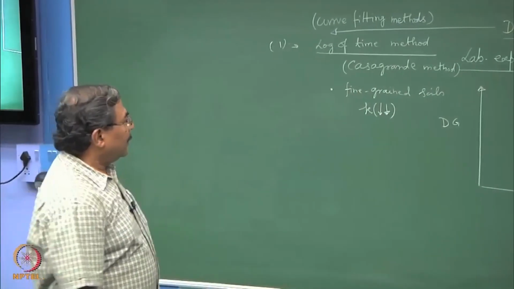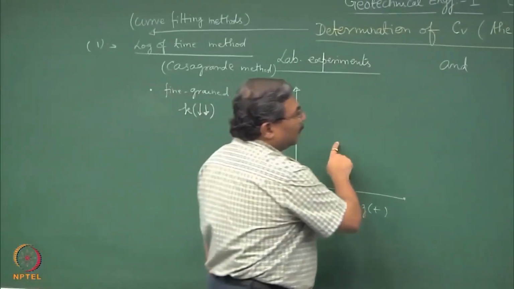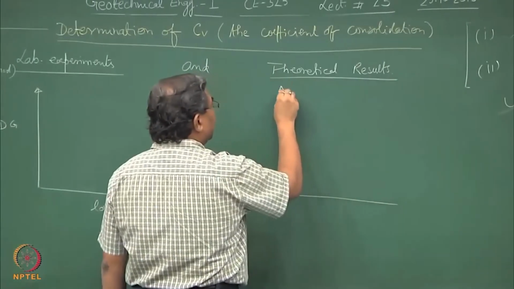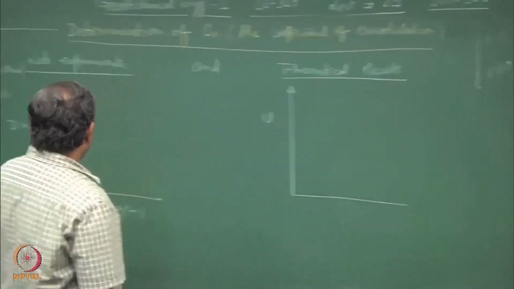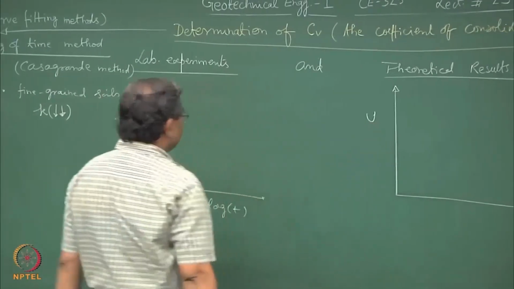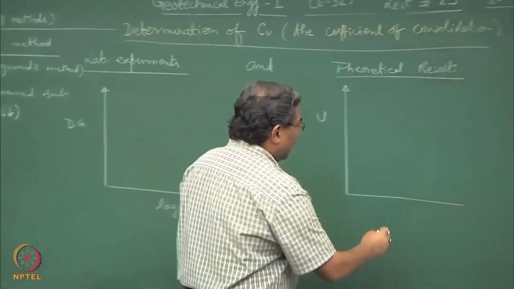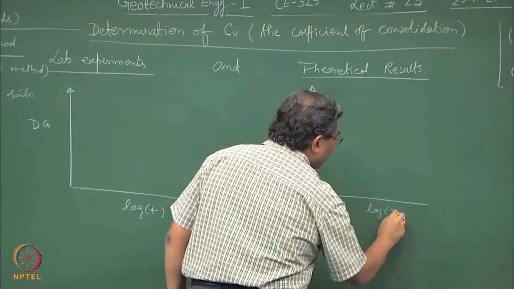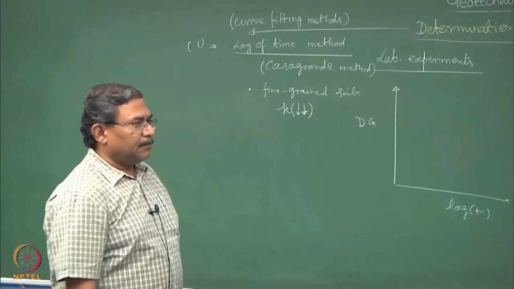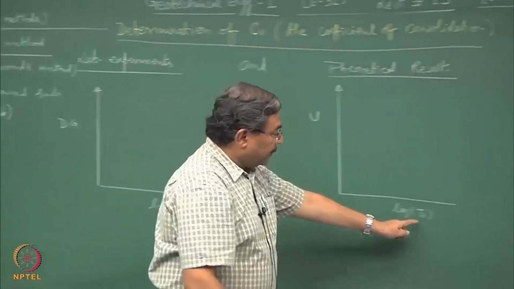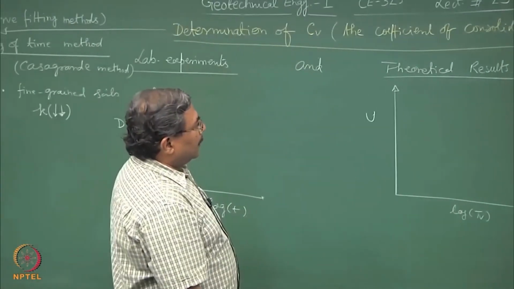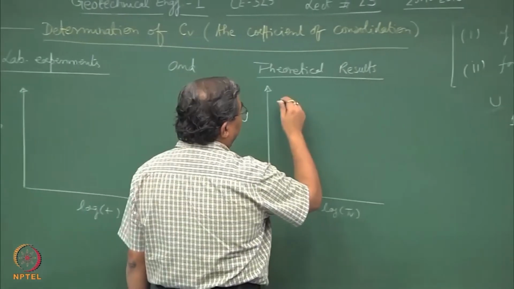Fine. So, the equivalence between this and the theoretical result is that if I plot U, because from dial gauge reading ultimately I wanted to know U, which we have already discussed. Here on the x axis log of TV is plotted, because TV is also a sort of a non-dimensional time factor. This has three components.